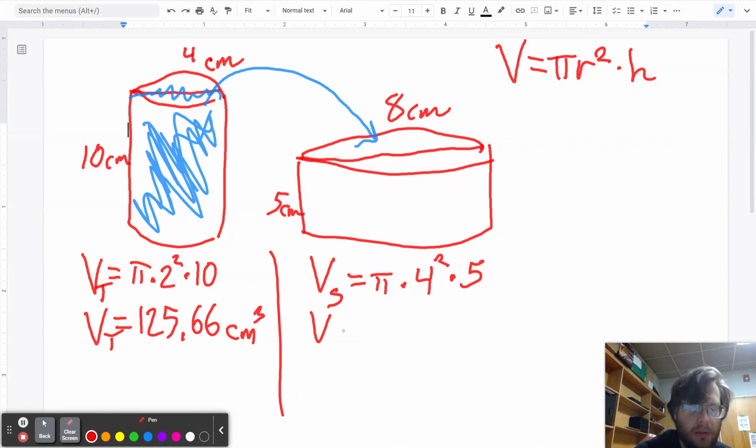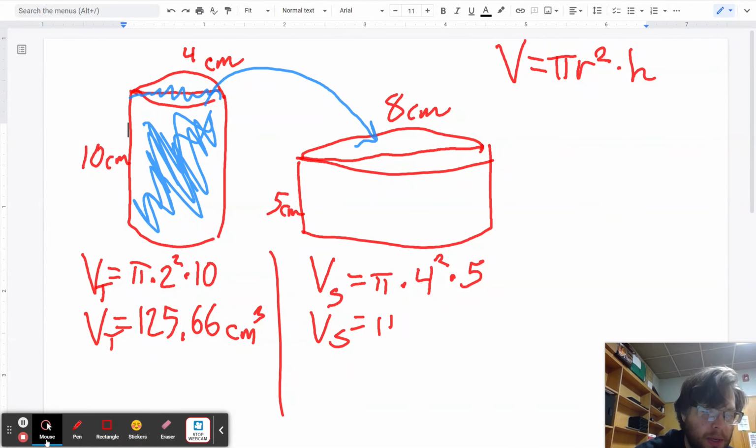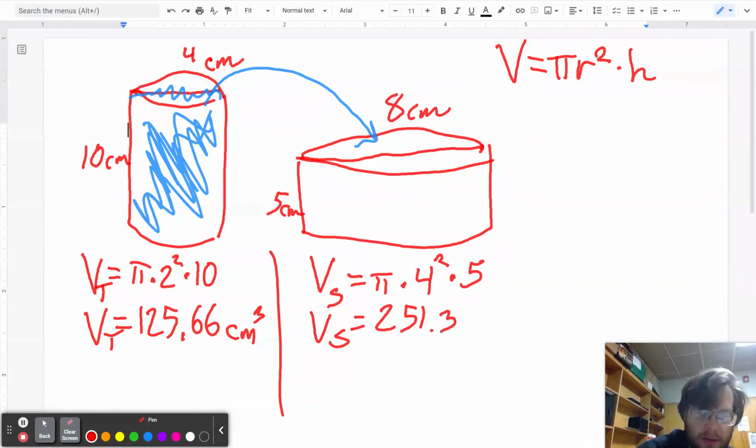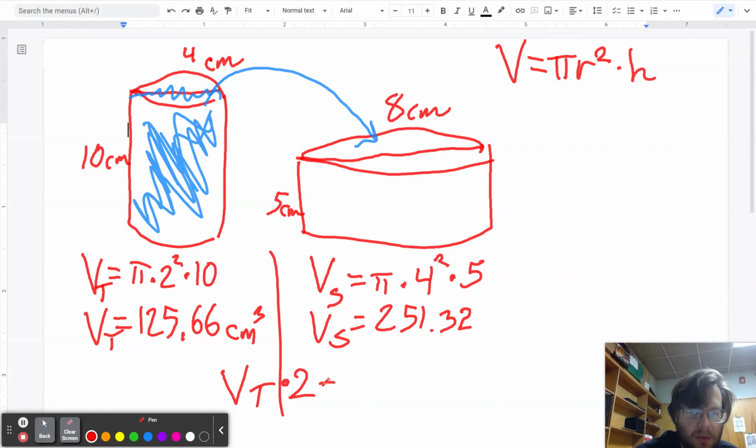The volume of the small cylinder is 251.33. And it turns out that this answer right here is twice as big as the tall cylinder. That the tall cylinder times 2 is equal to the short cylinder.